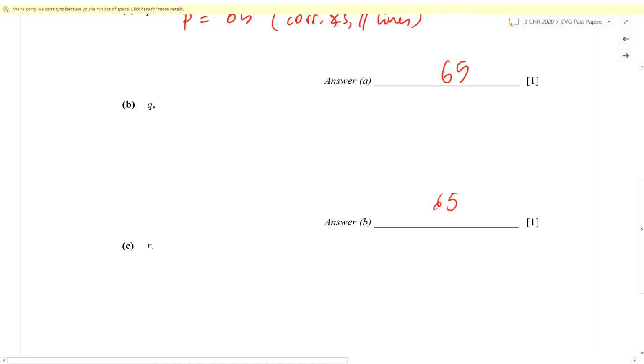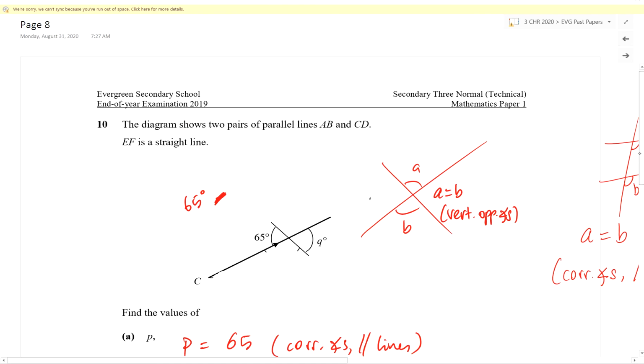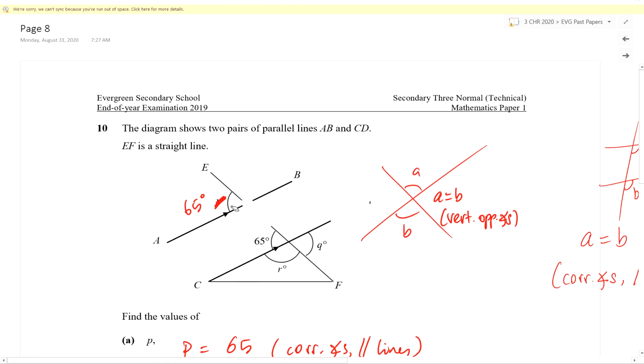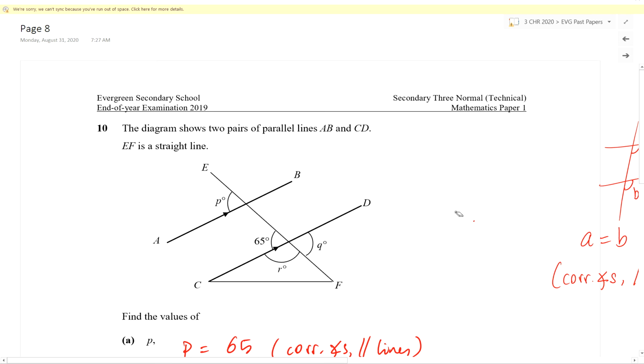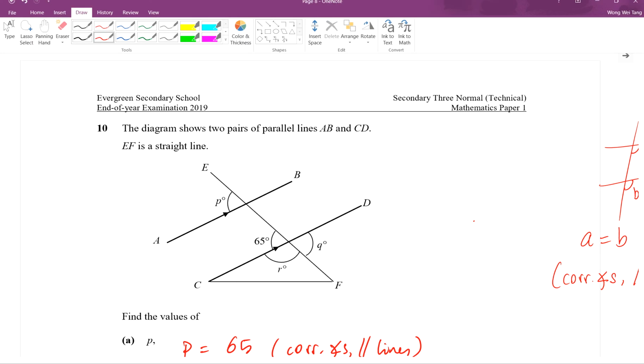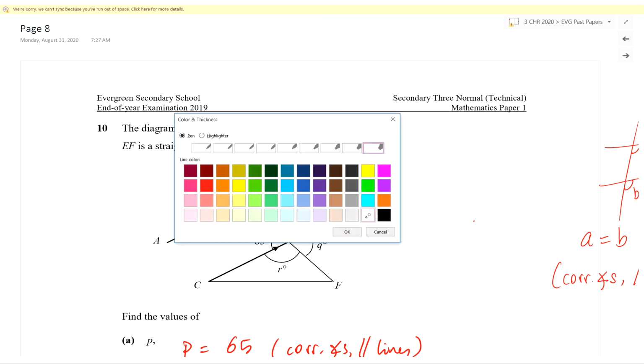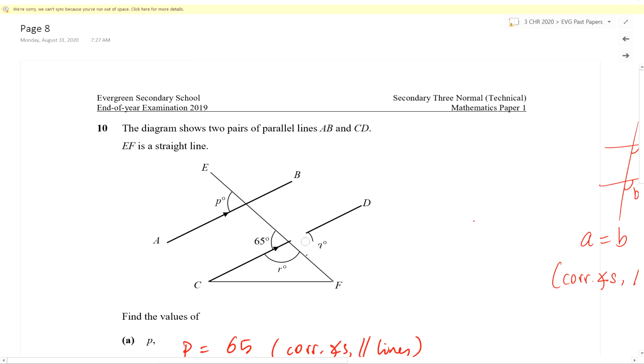And finally, for the value of R. This one you should know. I will just erase this part. We don't need all this. What's the value of R?